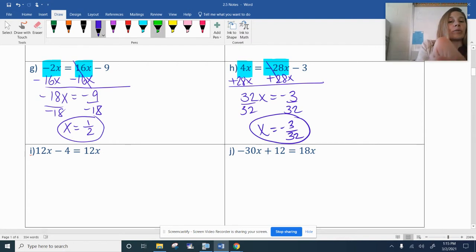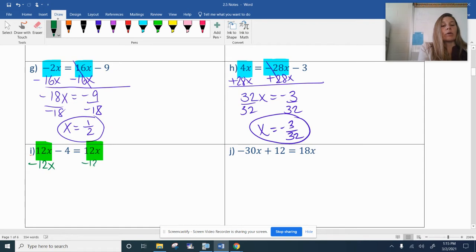Now, doing the next two problems here, you'll notice that I have a 12x on both sides. So when I go to subtract the 12x to get my constant alone, it just so happens that all of the x's cancel. So my -4 is all by itself on the left side, and 12x minus 12x just leaves you with a 0.